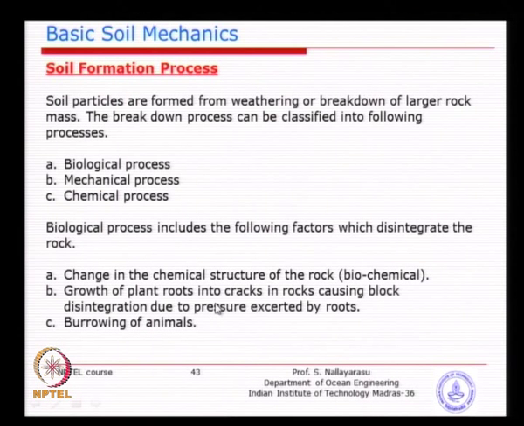Growth of roots and plants, you might have seen in many places, and if you go to old temples, you will see that rock is broken just because of the growth of a tree over a period of time, or animals doing damage to the existing systems. So, biological process causes very minimal damage.